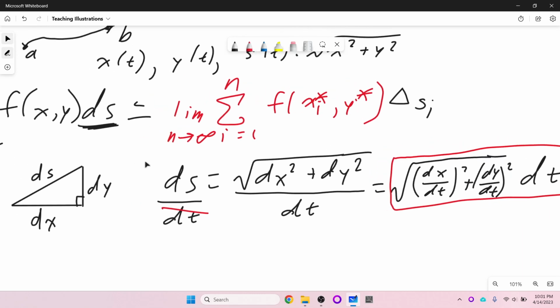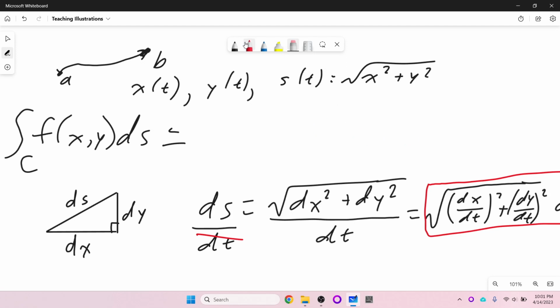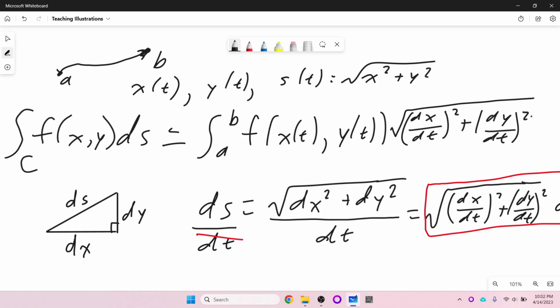So that allows us to rewrite this in terms of any variable t. We can rewrite this integral as the integral from a to b of f of x of t comma y of t times the square root of dx over dt squared plus dy over dt squared dt.